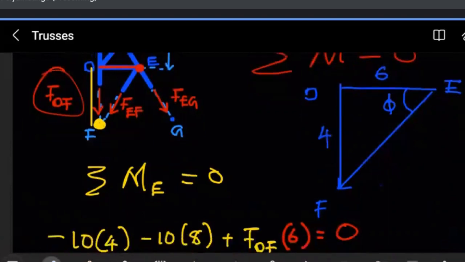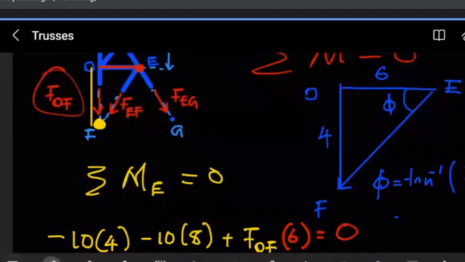So if we wanted to find phi by tan, this is going to be tan inverse of the opposite, which is 4, over the adjacent, which is 6. So what are we going to get when we perform tan inverse of 4 over 6?